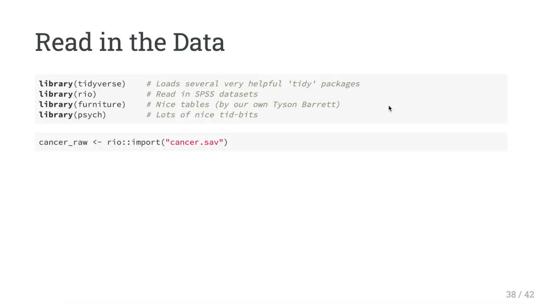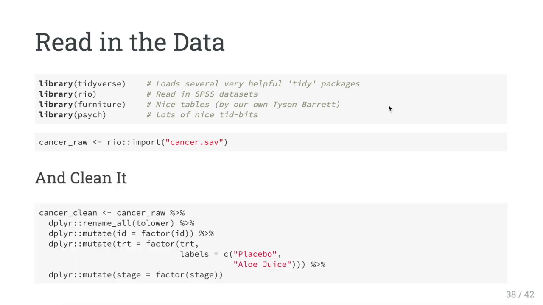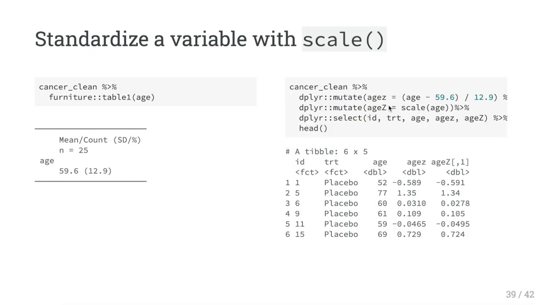All right, so we're going to apply this to the cancer data set. Again, this is just an example data set. We're going to do some cleaning. This is stuff you've seen before. We're going to get the mean and standard deviation for age. We can standardize with the scale function.